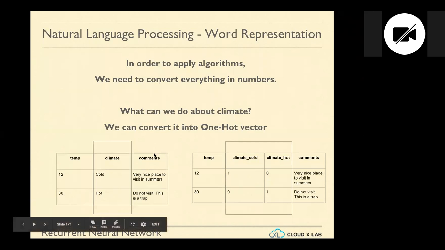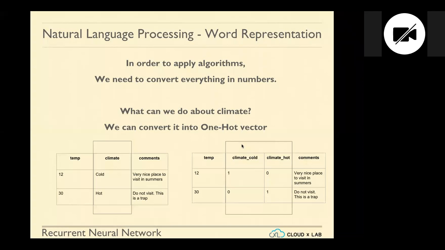All right, so the important part is, can we do the same thing with the comments? Is it clear what we did with the climate column? Because we need to convert the text into some numbers, whether we talked about linear regression, decision trees, or neural networks, where we basically multiply weights with the instance features.